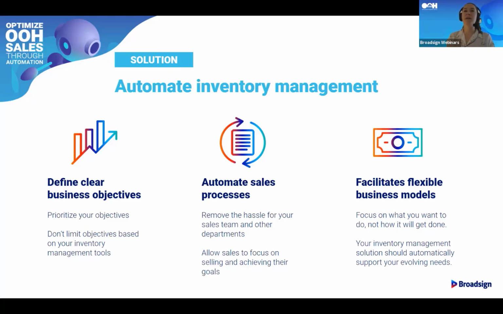And you shouldn't limit your objectives to your limited inventory management tool, and that's where automating inventory management makes sense. That will allow you to think outside the box and not limit yourself. By automating your inventory management as much as possible, it removes the burden from the shoulders of your employees so that they can actually focus on your business goals.